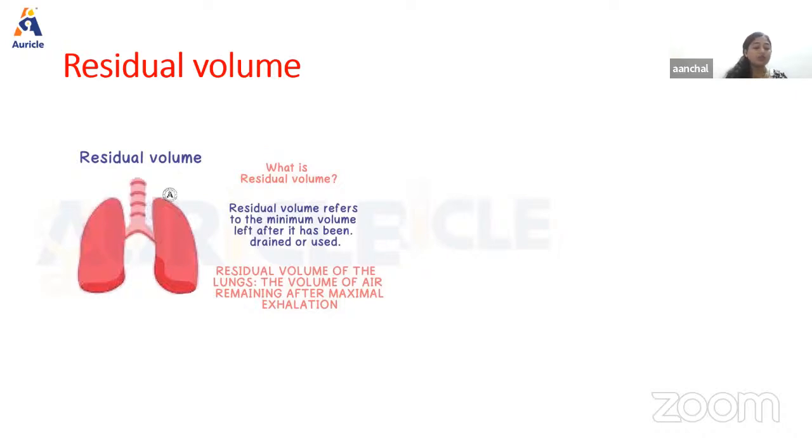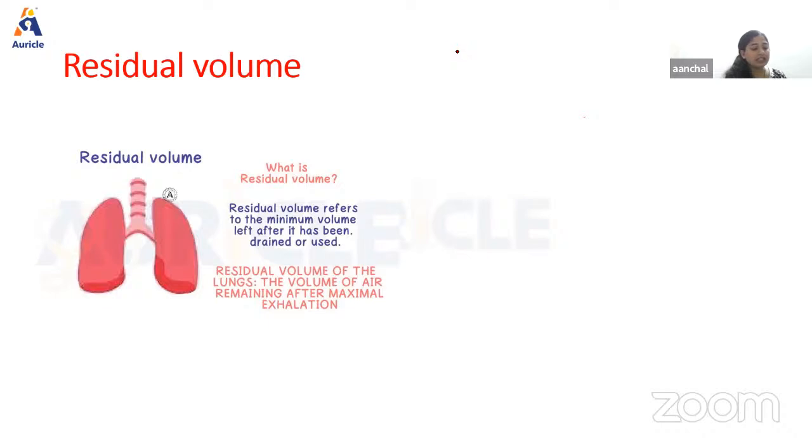Normally lungs cannot be emptied completely even by forceful expiration, so some quantity of air always remains in the lungs. This refers to the minimum volume of air left.